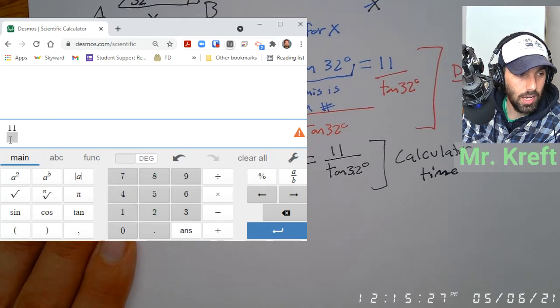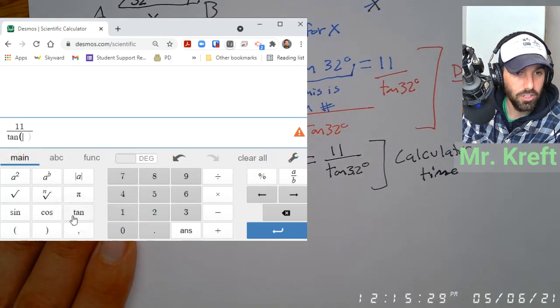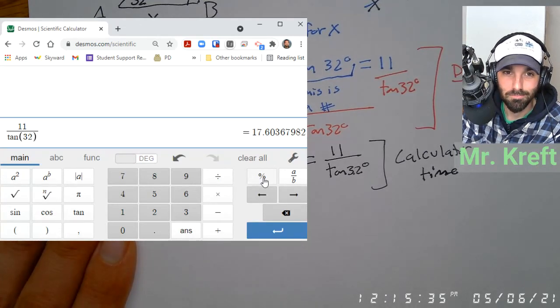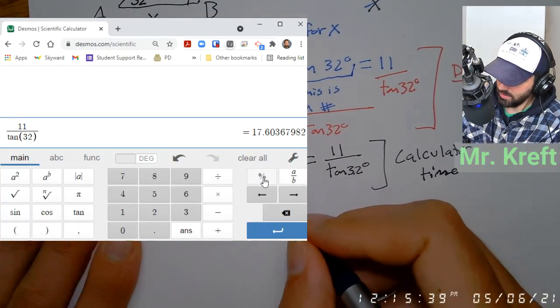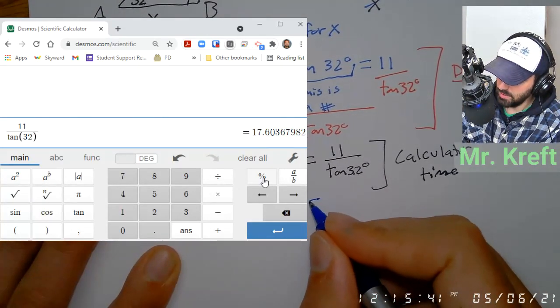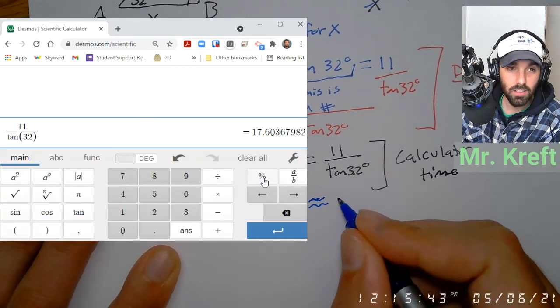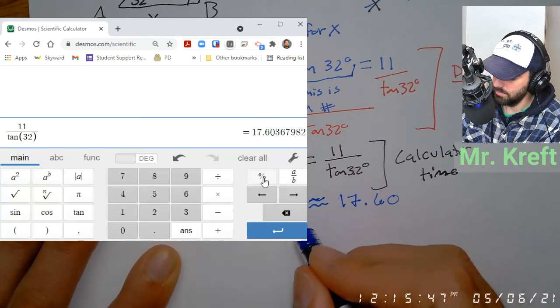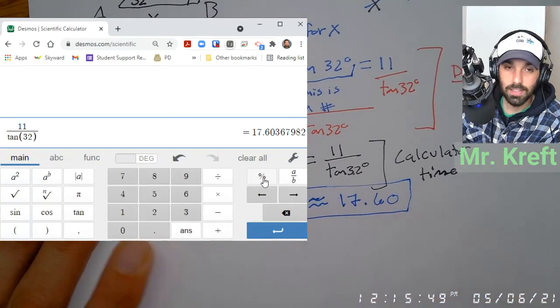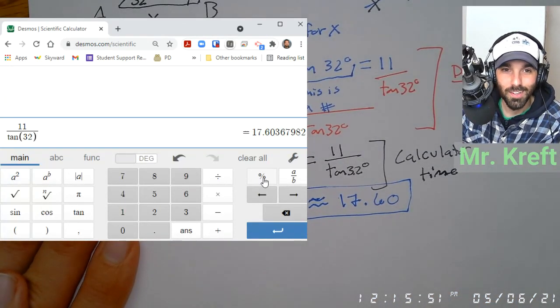I'm going to have 11 on top and tangent of 32 on the bottom, and boom, there's my answer. I get x is approximately 17.60. That's how long my side is.